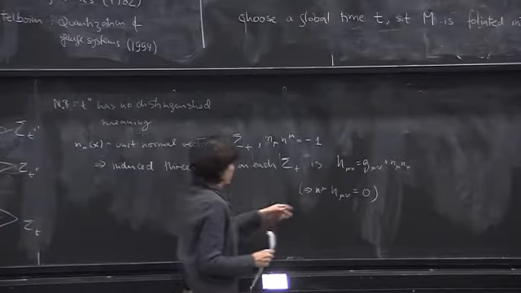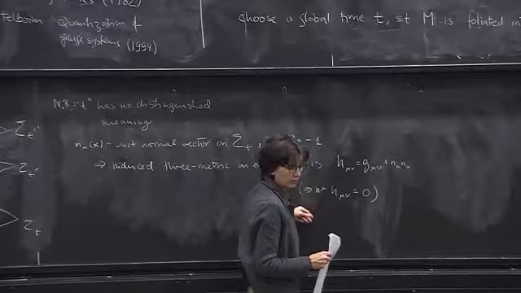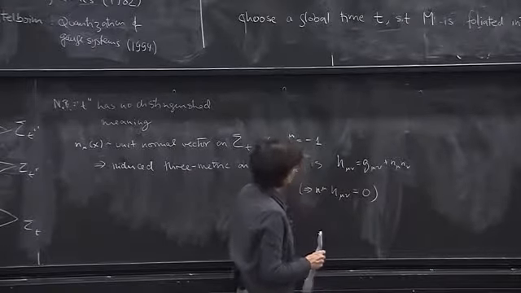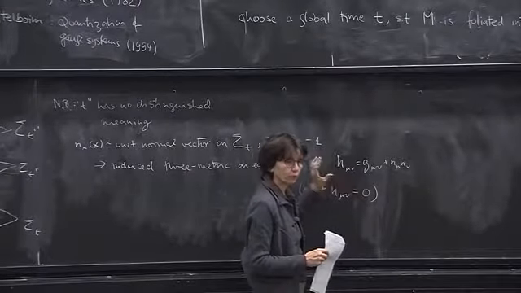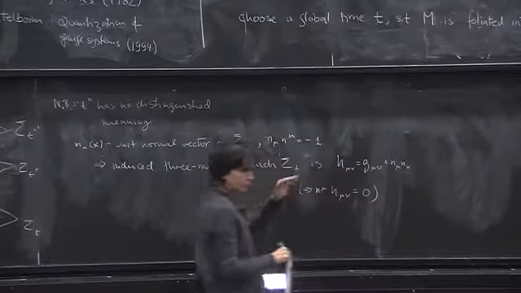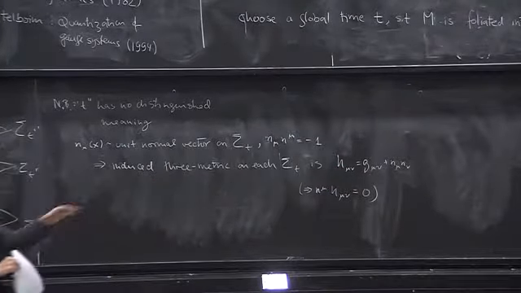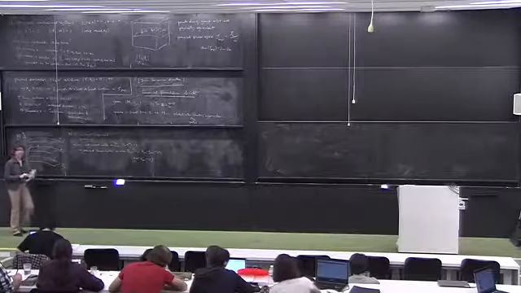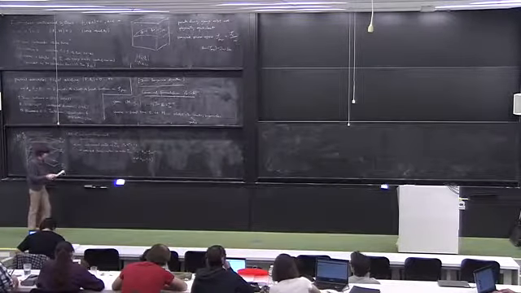Now, I hope that has come up already in Ruth Gregory's lectures. This is also called the first fundamental form, pertaining to these codimension 1 slices. That's the induced metric.